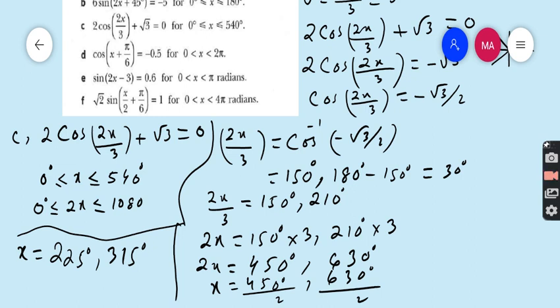This is our final answer. Both answers, 225 and 315, lie in our given domain, that is from 0 to 540 degrees. So I hope you understand part C as well. Come to part D.